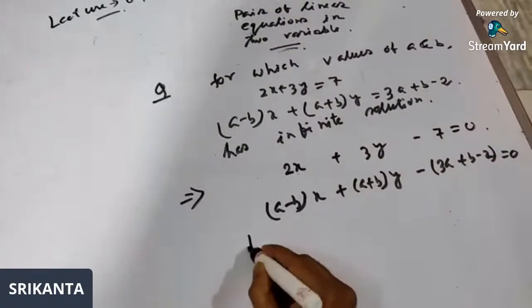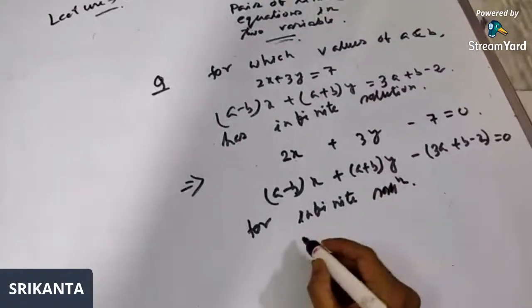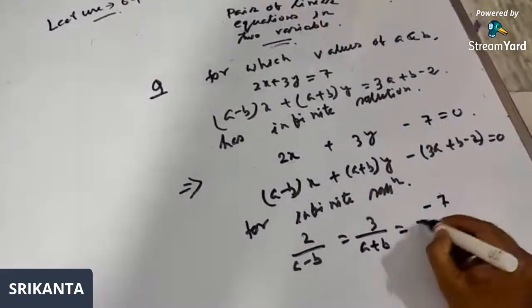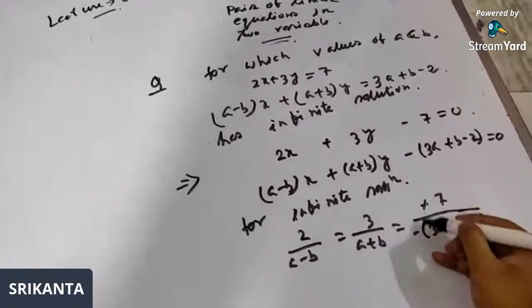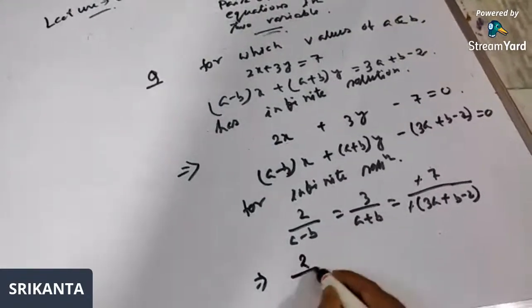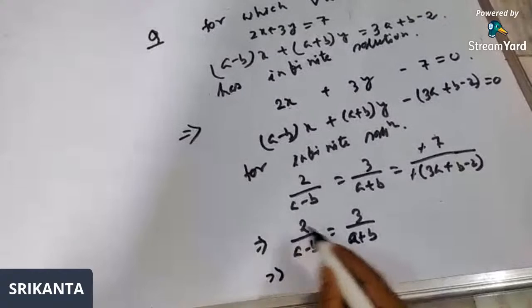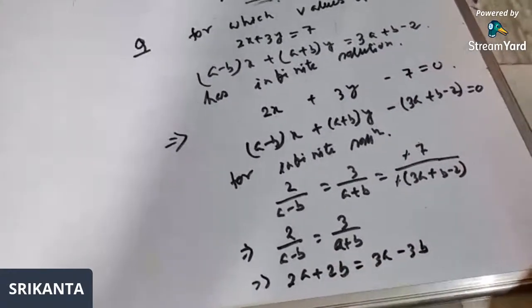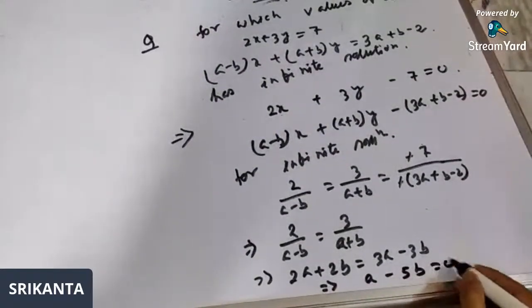So we have for, clear. So if you compare this one, it will be, cross multiply. So that brings, clear.